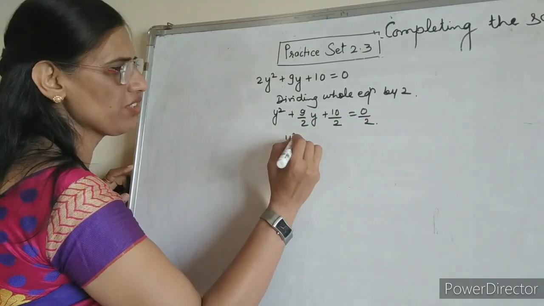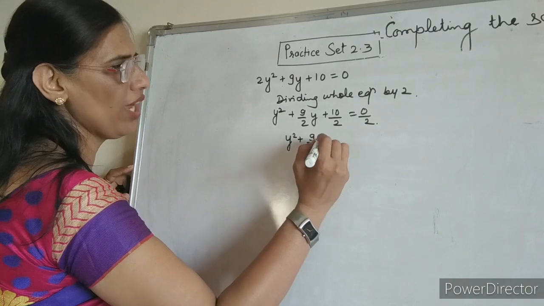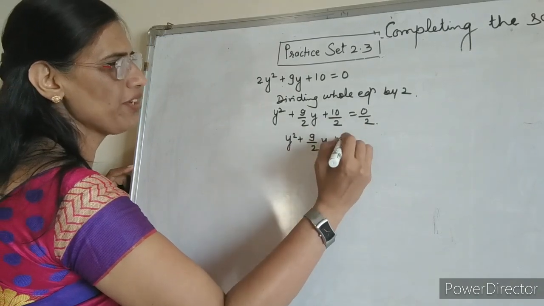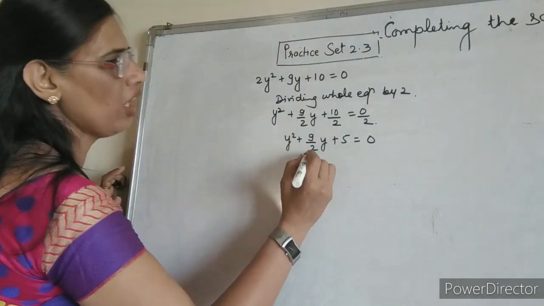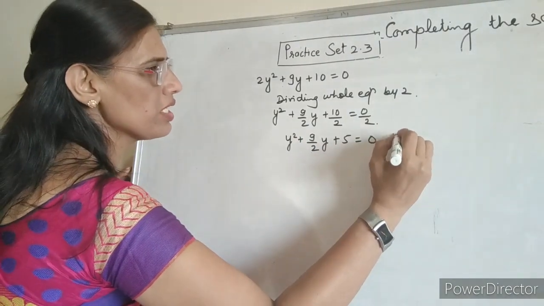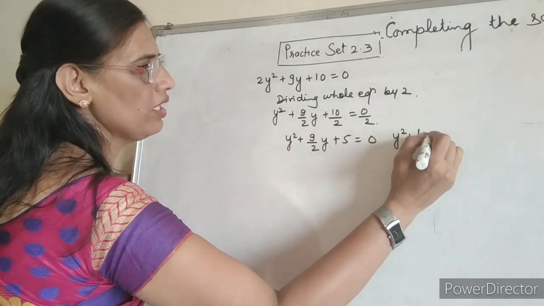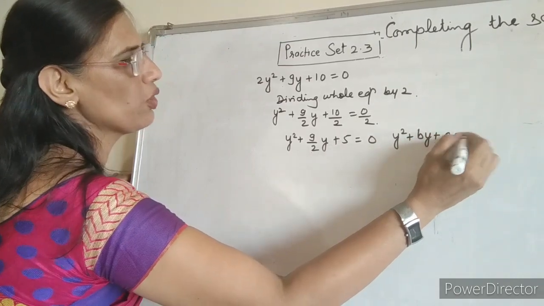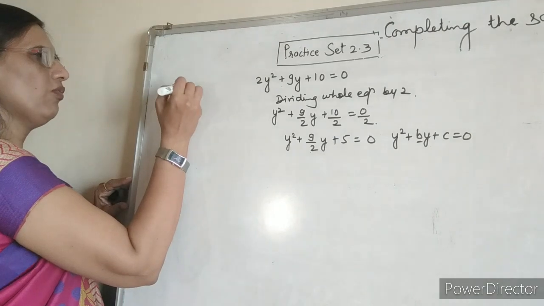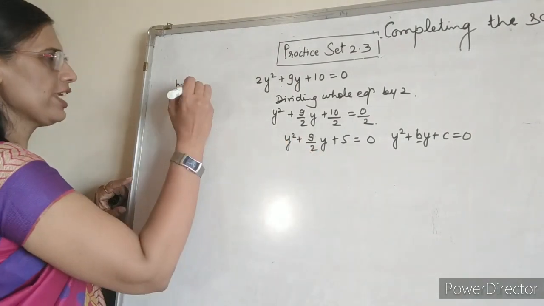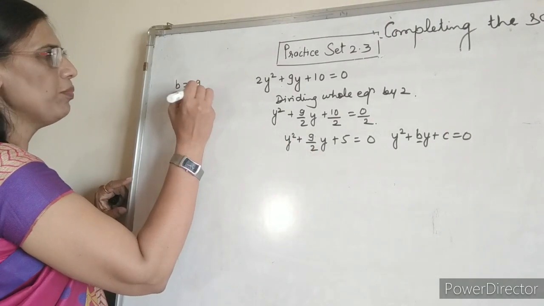That is y square plus 9 upon 2 y plus 5 is equal to 0, as 0 upon 2 is always 0. Now again if you compare with y square plus by plus c is equal to 0, you will get the value of b as 9 upon 2. So our first important step is to write the value of b.